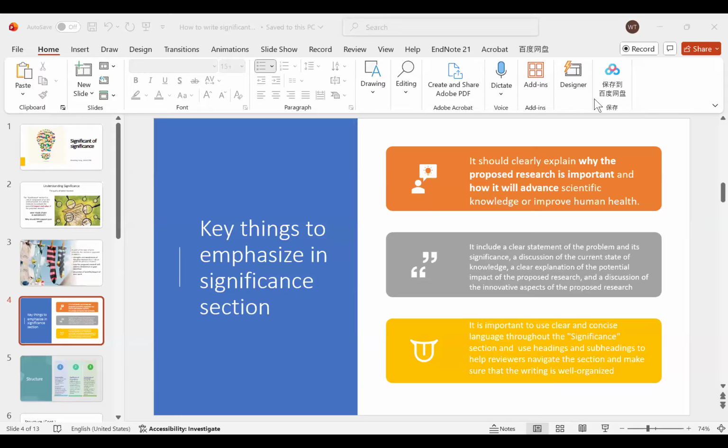You want to use the AI to improve your grant proposal, but mainly it's you who will propose the idea, and who will propose why this will be significant, and it's you who are addressing certain problems instead of AI, especially for human health research. If it is not an AI-based study, using AI as a tool is fine, but usually we want you to focus on the grant proposal writing, also the significance section.